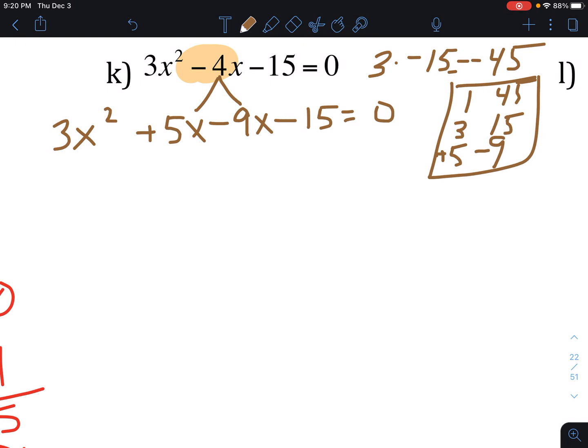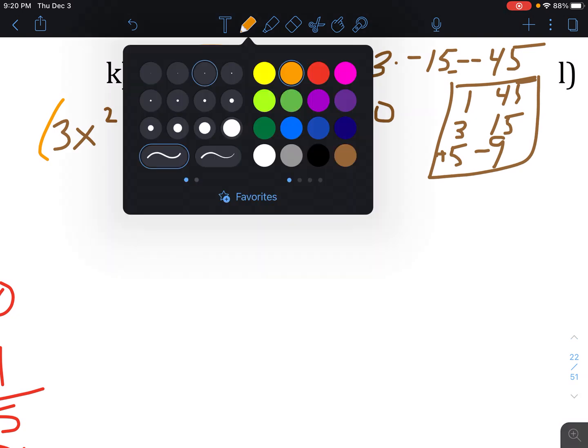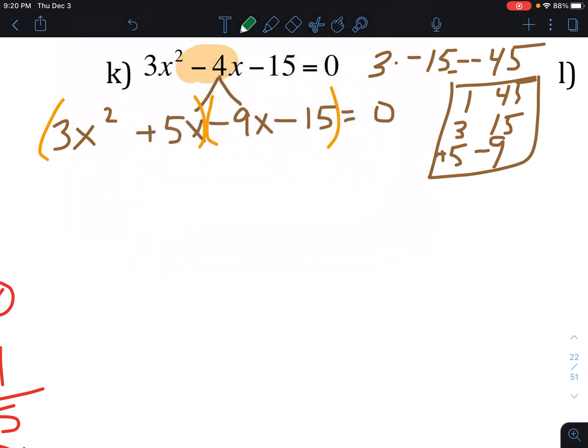And then what we're going to do is set up our two groups of parentheses, and we're going to GCF each of them. So your GCF of your first group is x. Then we divide by x to have 3x plus 5. Your GCF of your second group, be careful there.